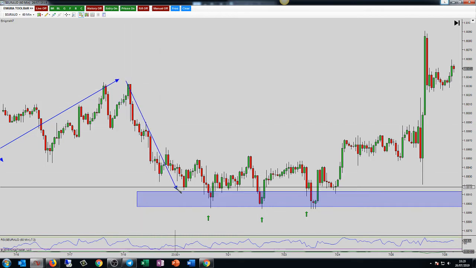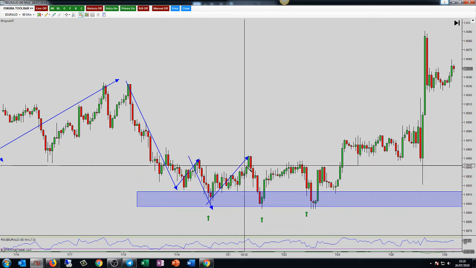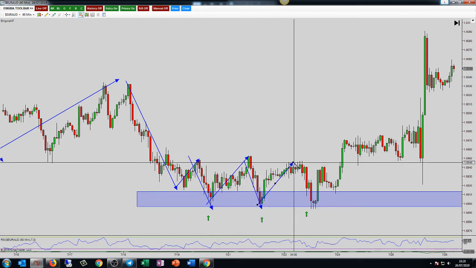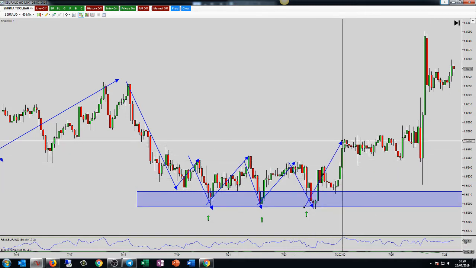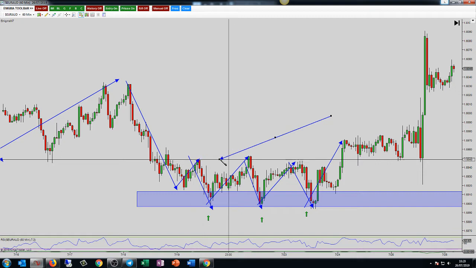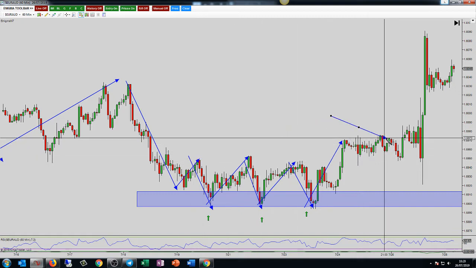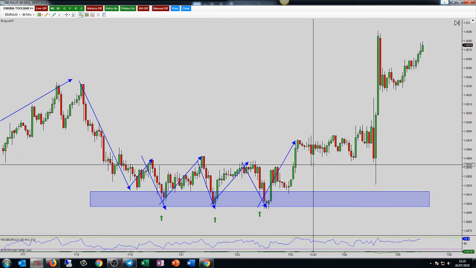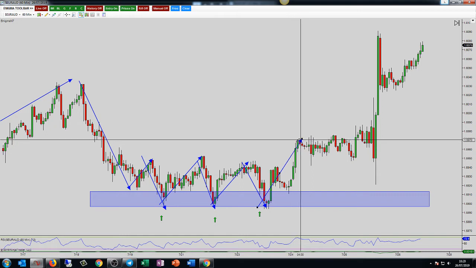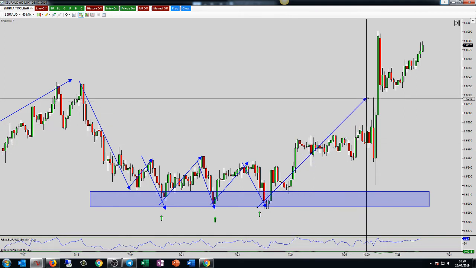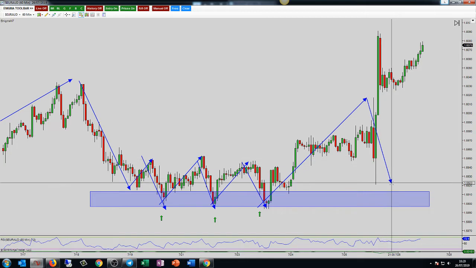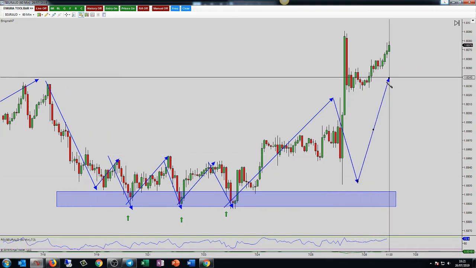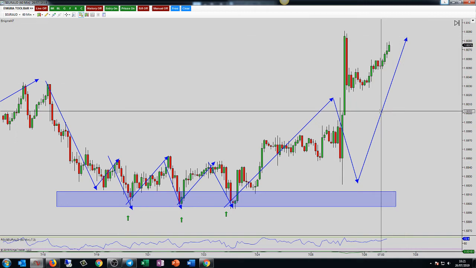And you can come down to this point and you can say, okay, we've got a left shoulder, then we've got a double-headed head and shoulders, and we said that we could look for a break above, close above this level, which we did, and we could look then for the entry to the right shoulder. And price actually came up to this level and then came down for the right shoulder, and from that point we've seen the move higher.